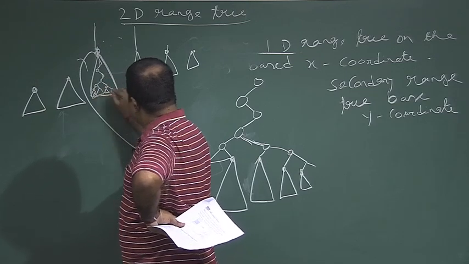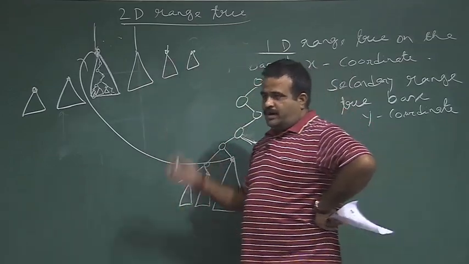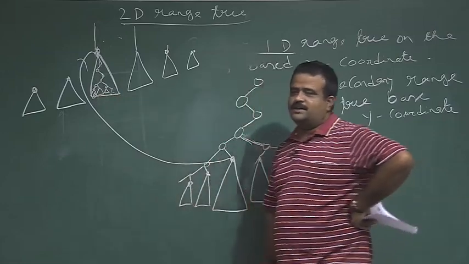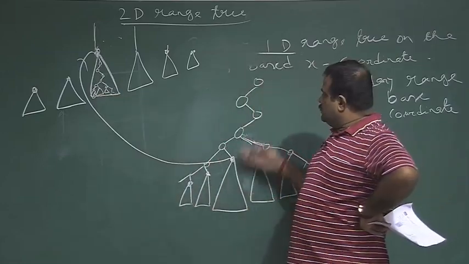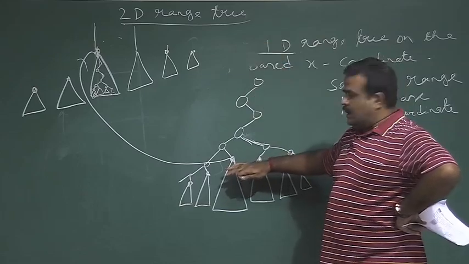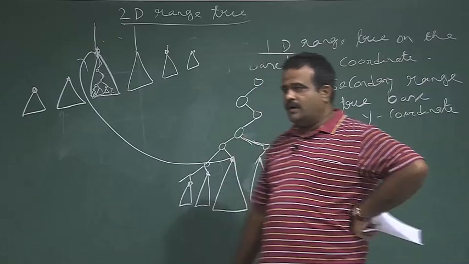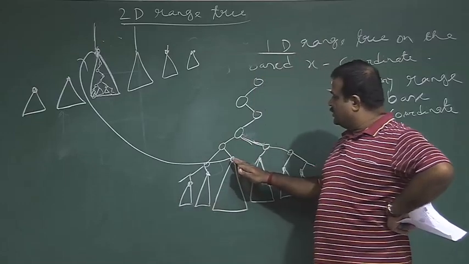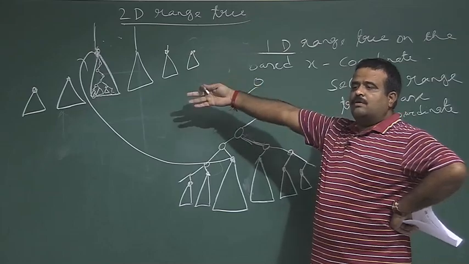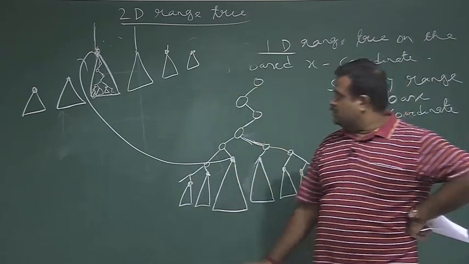So, these are the points that are also in the y range, and this will be output. So, this is the extension of the 1D range tree. In this 2D range search tree we have a secondary range tree based on the y coordinate on all the points. We take the subtree rooted at this point and we make another range tree based on the y values. So, this is the idea.